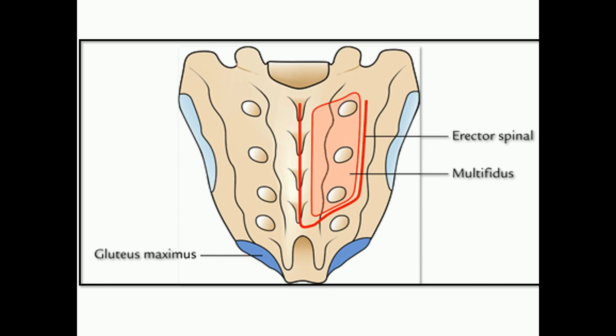The third layer contains the erector spinae muscle and also semispinalis, divided into thoracis, cervicis, and capitis. And lastly, the fourth layer contains multifidus, then rotators, intertransversi, interspinalis, and lastly the suboccipital muscles.